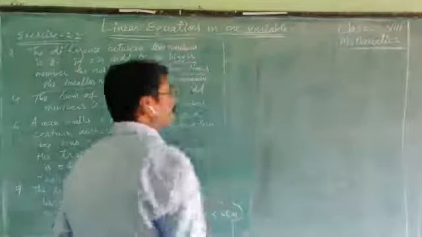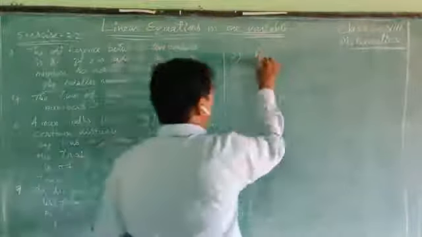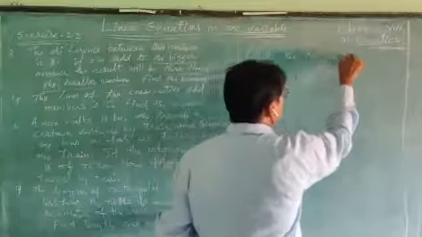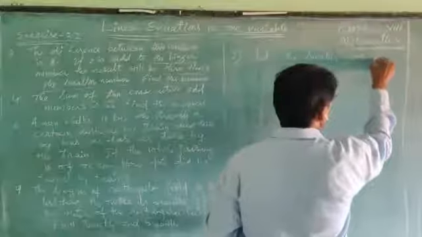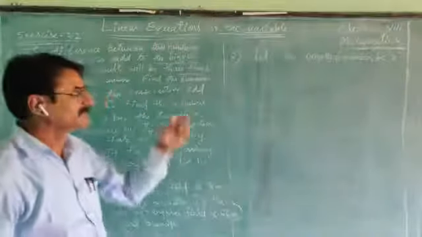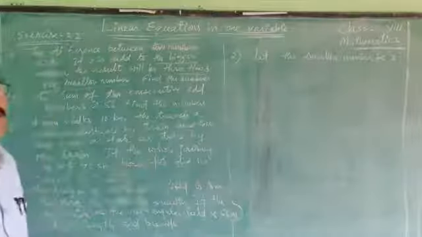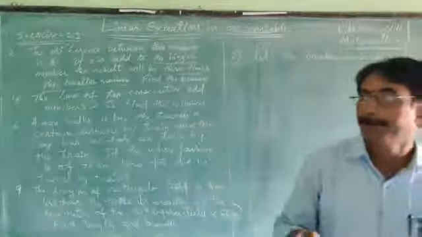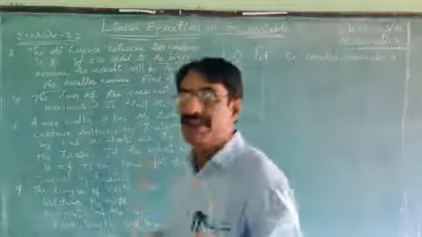Solution of the second sum. Let the smaller number be x. If the smaller number is x, then how much will the bigger number be?